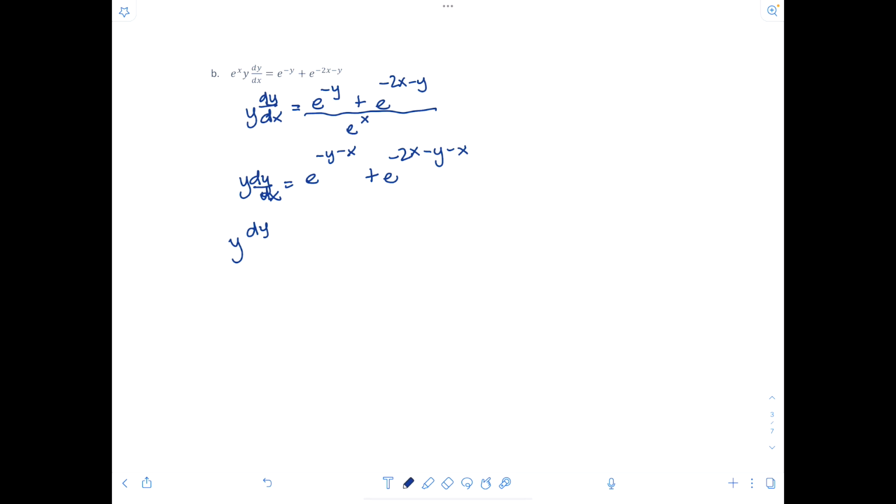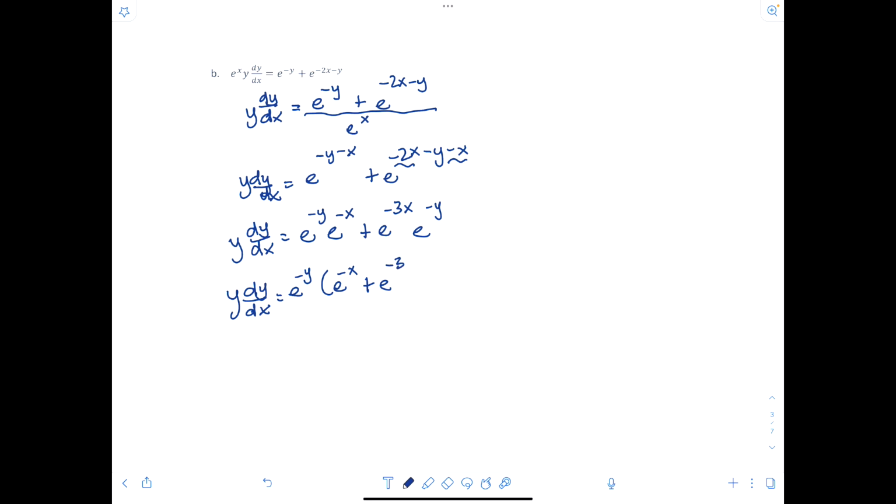So we'll have y times dy/dx equals e to the negative y times e to the negative x plus e to the negative 3x, combining these two terms, times e to the negative y. Now, factoring out e to the negative y, we will have e to the negative x plus e to the negative 3x.